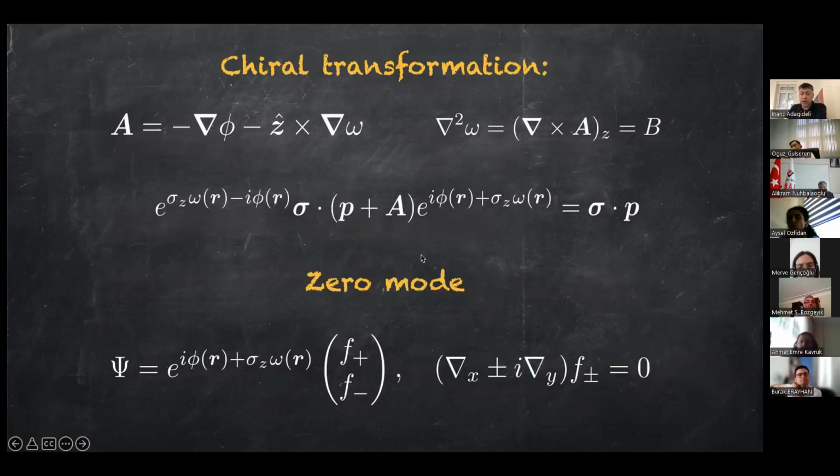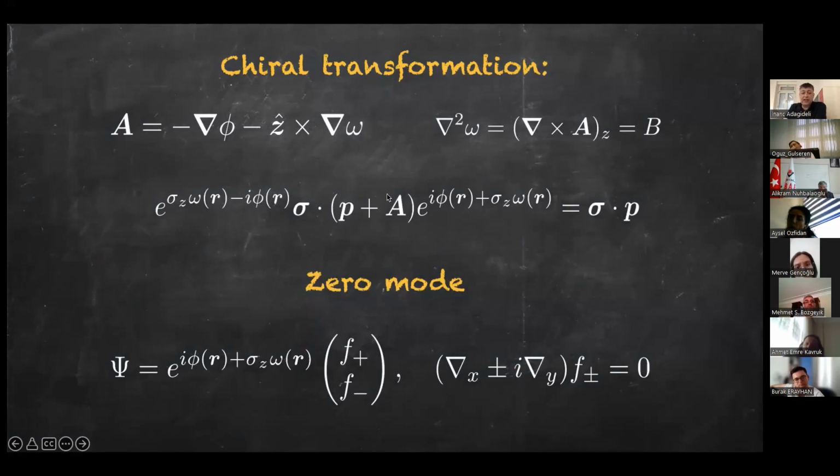Now the zero mode comes in like this. Remember, this is the zero mode you know and love from graphene. We're basically rediscovering the wheel here using slightly different notation. Remember that if you have a chiral Hamiltonian, you can write your vector potential as grad phi plus z cross del omega, and this del squared omega is your B, right?